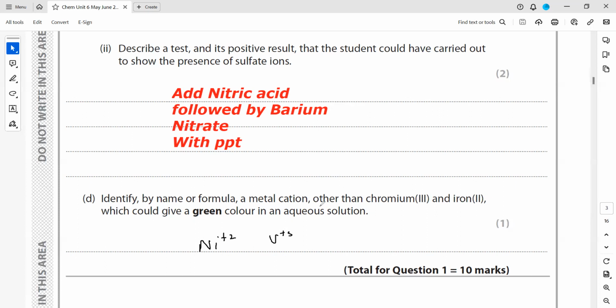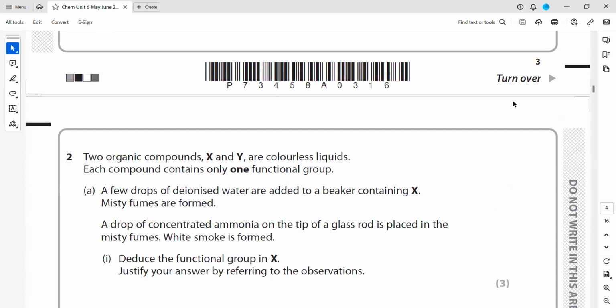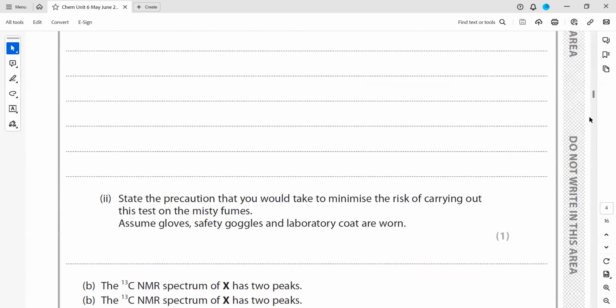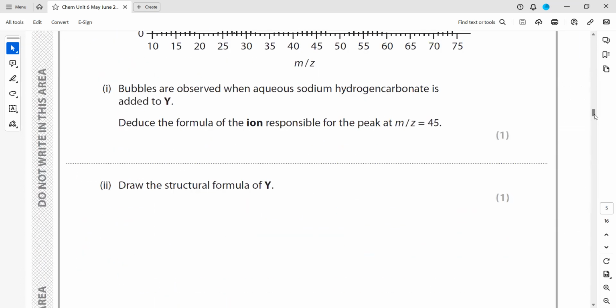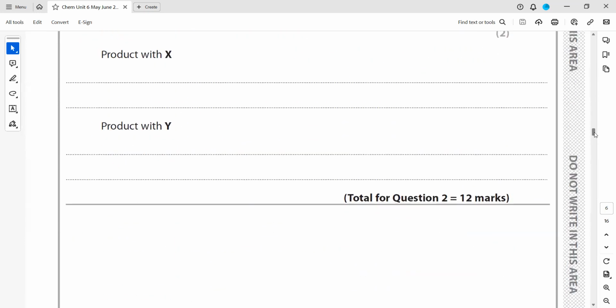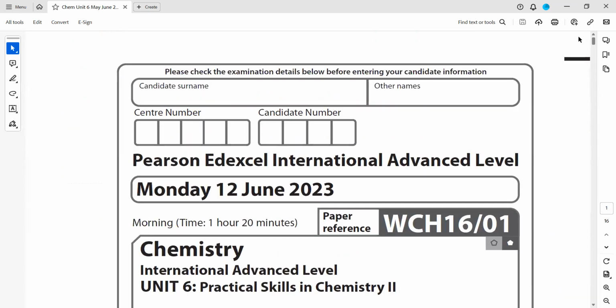They may result in the formation of a green solution. This chapter is totally based on memorizing these tests. Every session we'll do a question from this unit.